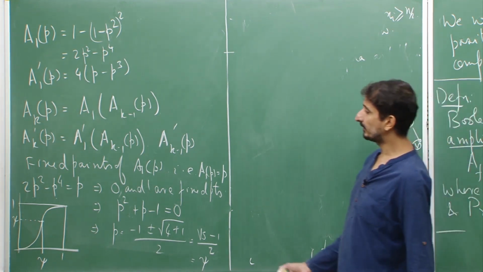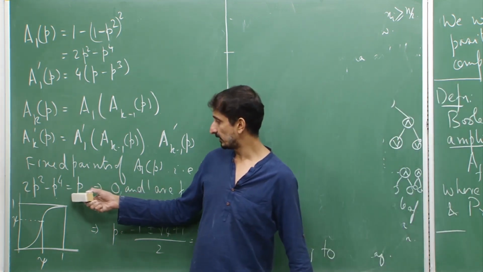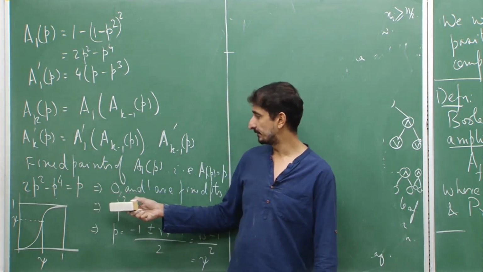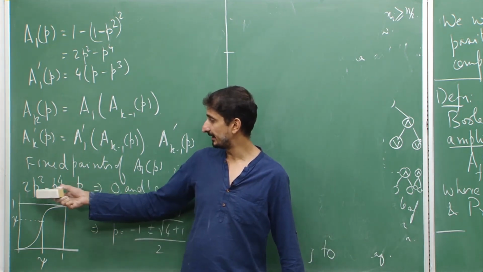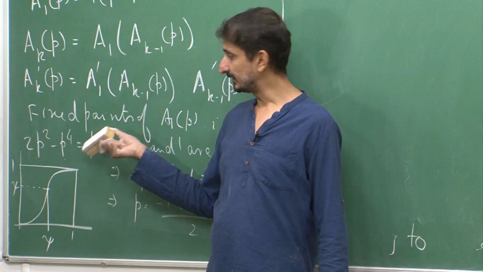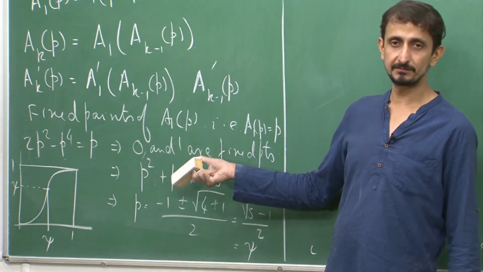So, I just factor out x minus 1. 1 is a fixed point. So, first of all I factor out p because 0 is a fixed point. So, 0 is here. So, I get 2p minus p cube equal to 1. In this equation I factor out x minus 1 because 1 is also a fixed point.